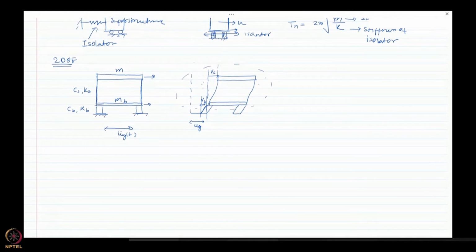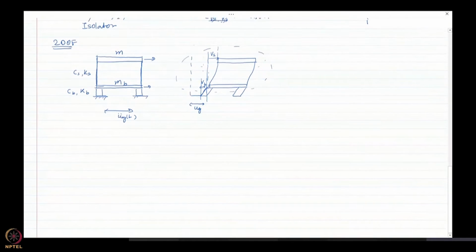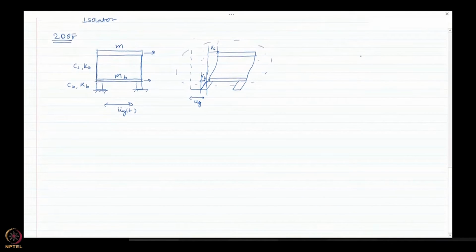So let us first consider the whole structure and consider the free body diagram of the whole structure. When I say the whole structure, I mean the whole superstructure. This is the mass M, this is the mass MB.